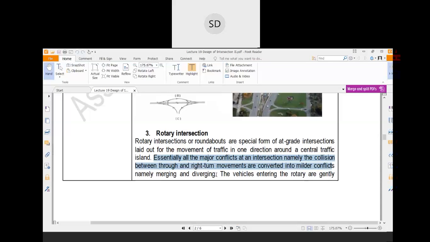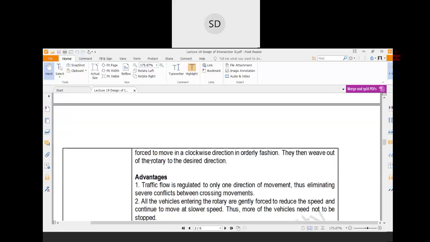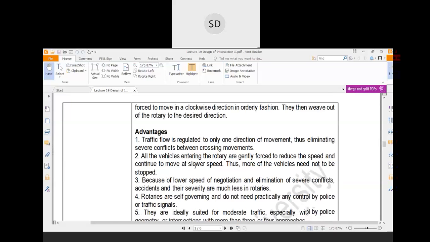Now the vehicles entering the rotary are gently forced to move in a clockwise direction in an orderly fashion. All these vehicles have to move in a clockwise direction. Then they weave out of the rotary to the desired direction. So suppose one rotary intersection is there.